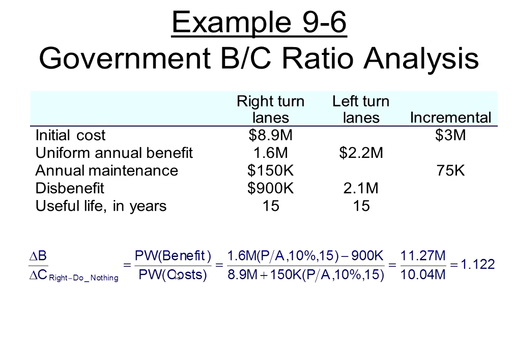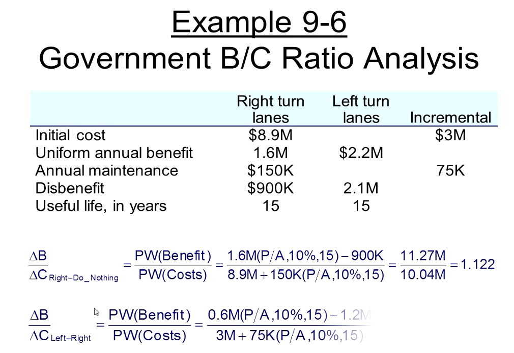And therefore we're going to also look at the benefit to cost ratio, the government variant of it, between the left and right turn lanes. And that's what we have, left minus right, again in terms of present worth. And so this is just incremental analysis. In terms of incremental analysis, we have initial cost.